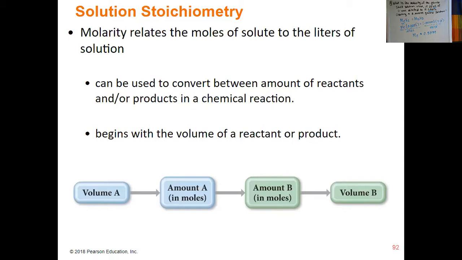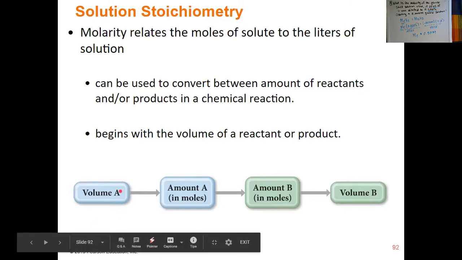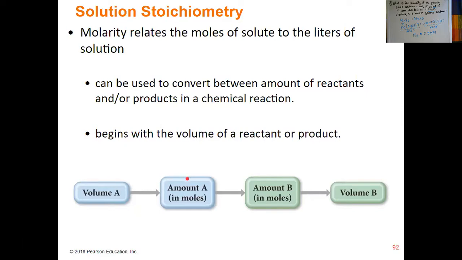Okay, and once we know the moles of a solute, then we can relate it to anything else that's in a solution. So if we know the molarity and the volume of one component, we can figure out what the mole value of that component is. Once we know the moles of that, we can use the balanced chemical equation to convert it to the moles of a different reactant or a different product.